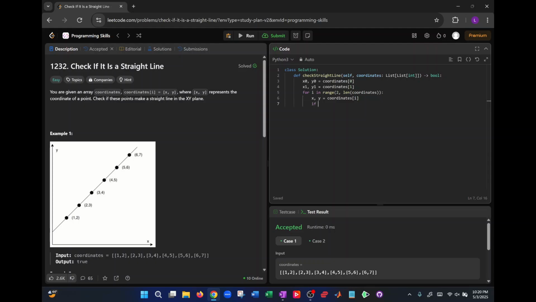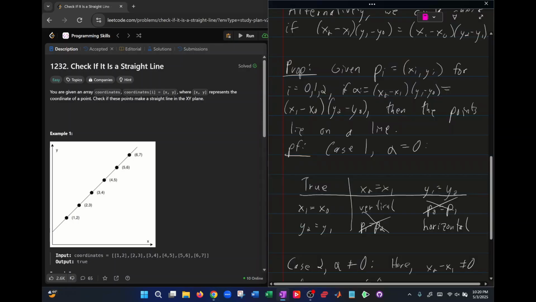And now we check if x1 minus x0 times y minus y1 is not equal to x minus x1 times y1 minus y0, then we return false. Because what we need is for this equation to be true for every triple of points that we get.